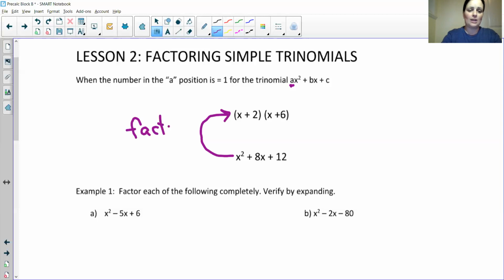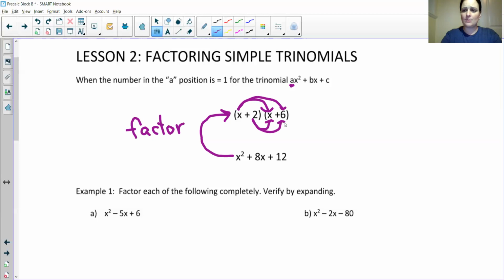When we take out the greatest common factor, if we do the opposite, if we take the first term and multiply it by the first term, and then take the first term and multiply it with the second term, and then take the second term and multiply it by the first term, and then take the second term and multiply it by the second term in a process called distributive law or FOIL or whatever, arrow method, whatever you want to call it.